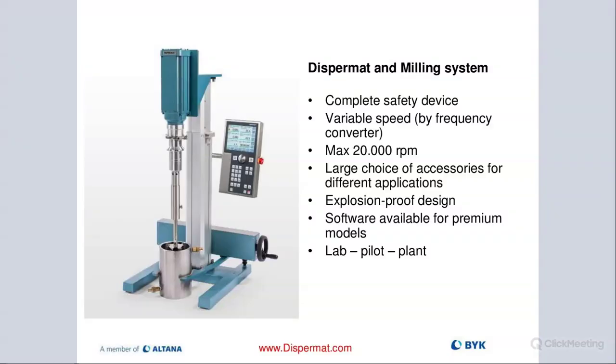So you really need to have that 20,000 RPM to get you to that optimum dispersing range. And then again, these different attachments are available for all of our Dispermats. It's kind of like a trademark, and its importance to the customer is that he can buy basically one machine for many different applications.